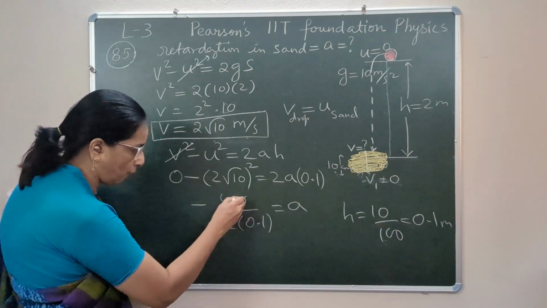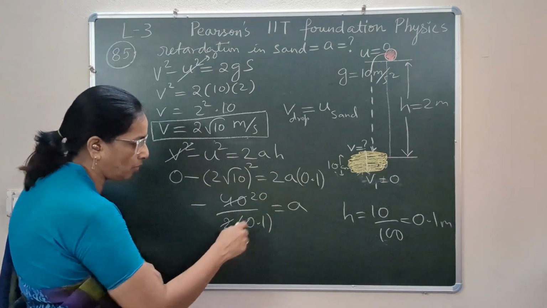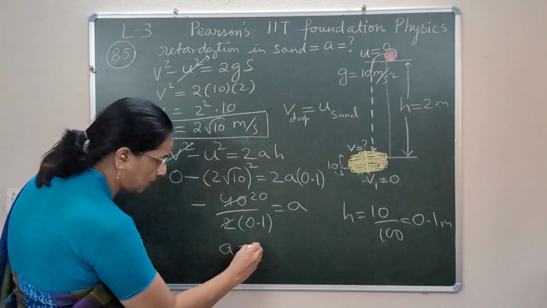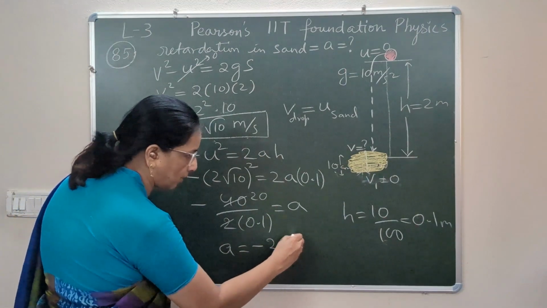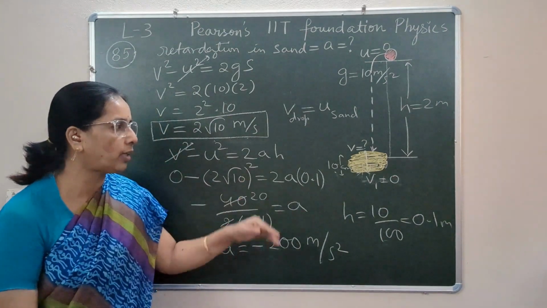Here we can cancel, and the retardation is minus 200 meters per second squared. So with this retardation, the body comes to a stop.